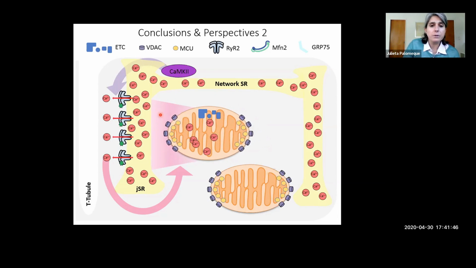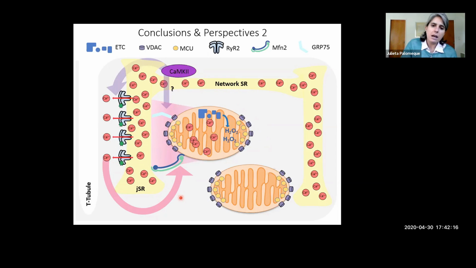Moreover, this phenomenon is enhanced by the overexpression of mitofusin and GRP75, and we don't know if this increase in expression of these proteins is mediated by CaMKII or by calcium or by other proteins that we are not studying in this project, but it's ongoing research right now.